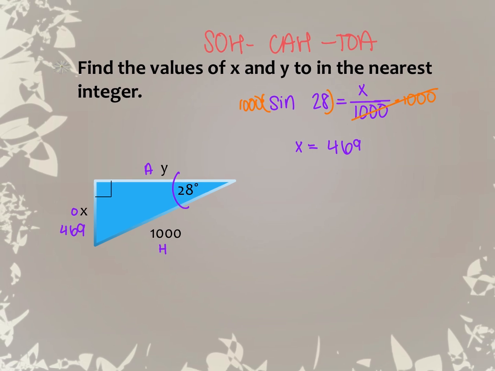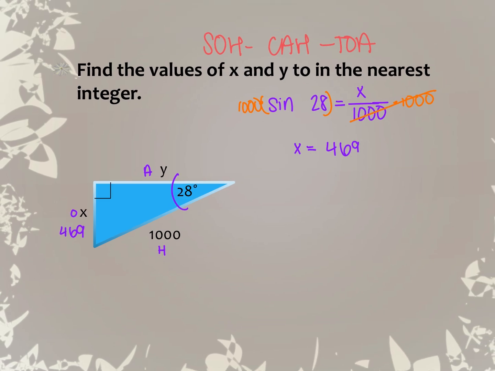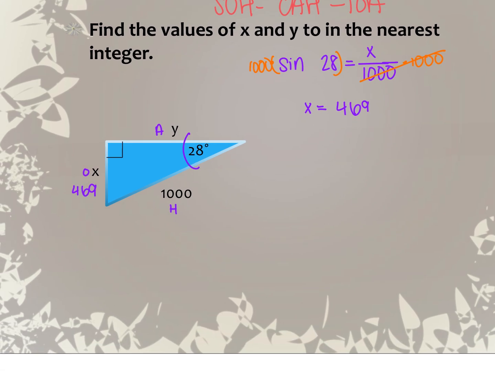One way is I can solve using tangent, or I can solve using cosine, and I'm still going to get the same answer. How can I solve using tangent? Okay, so I'm going to write both ways. I'm going to write it underneath.